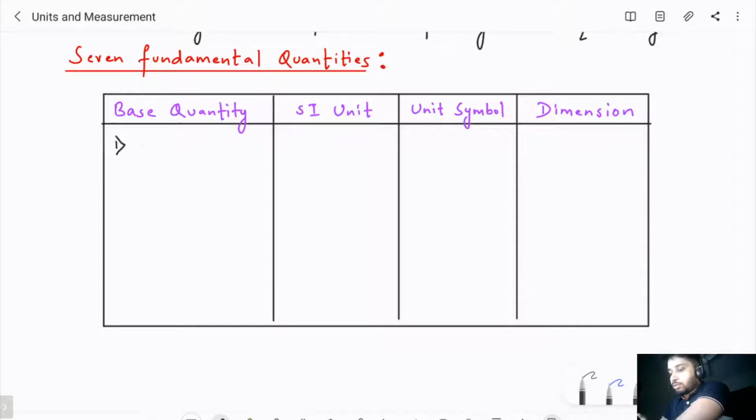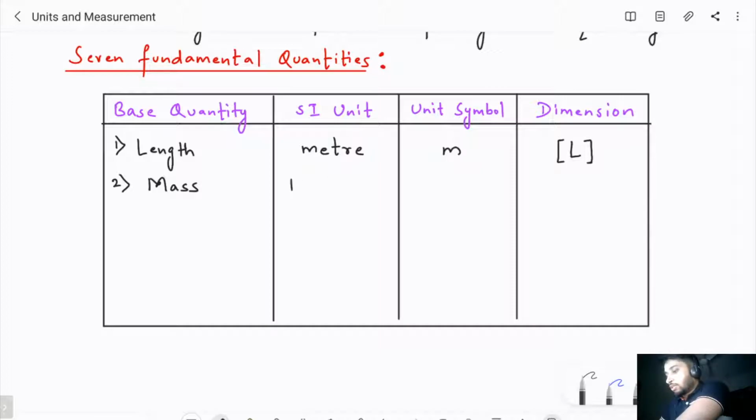So the first base quantity is length. SI unit is meter. Unit symbol is small m, and its dimension is capital L. Second base quantity that we have is mass.